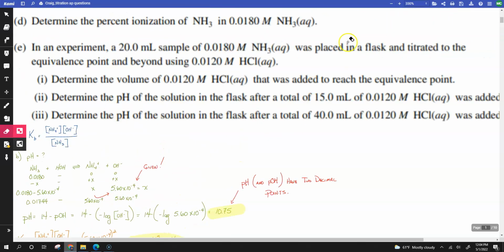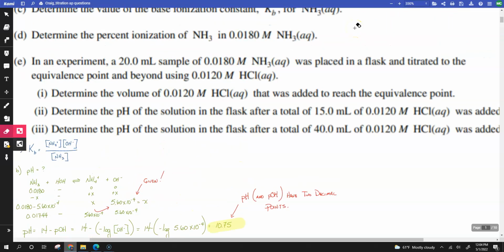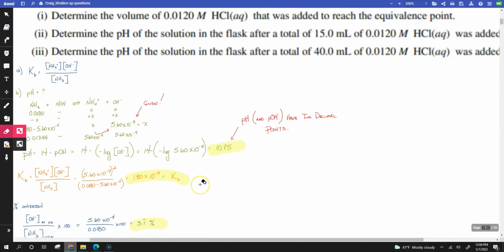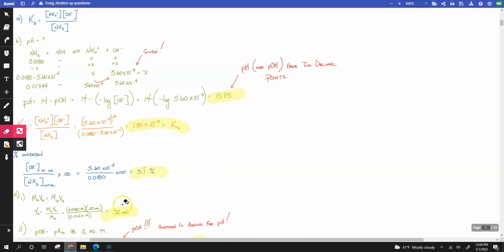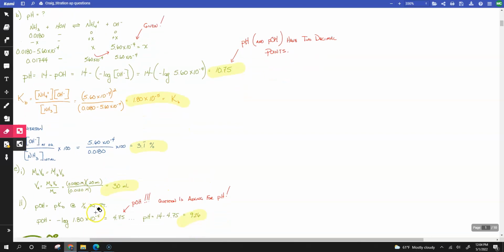We know that there's a special thing that we can find real quickly if we know the halfway point to the equivalence point. And again, the half equivalence point deals with how much of the strong acid you're adding. So if we hit the equivalence point at 30 milliliters for our strong acid, half of that is 15.